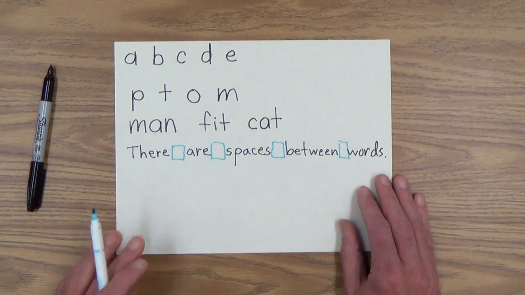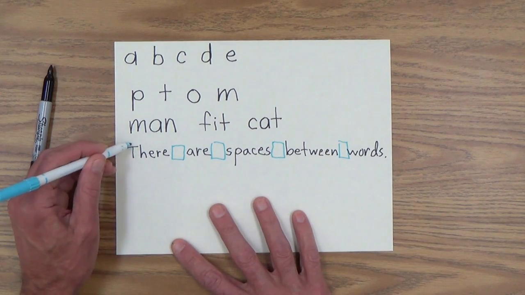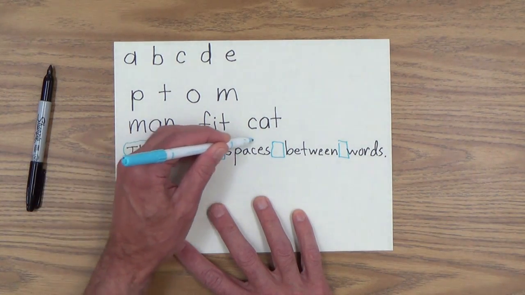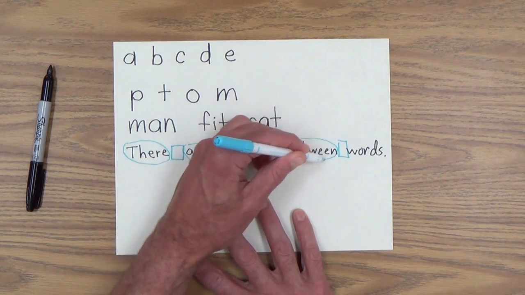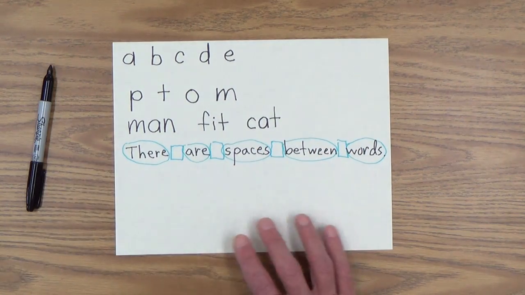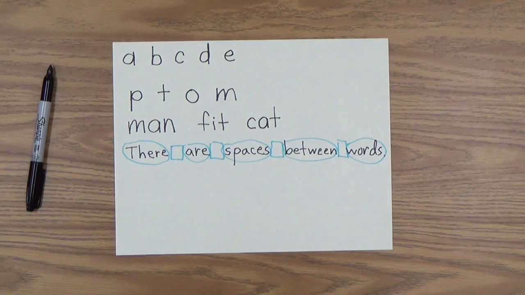And if he or she is still confused, you could just do this. You could say, okay, I'm going to circle the words for you. All right, and have him or her point to the words or count the words. So obviously at this point you want to make very certain that your child knows what a letter is, knows what a word is, and understands the difference between a letter and a word.